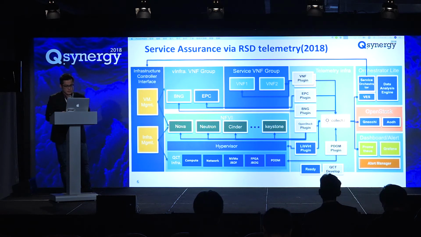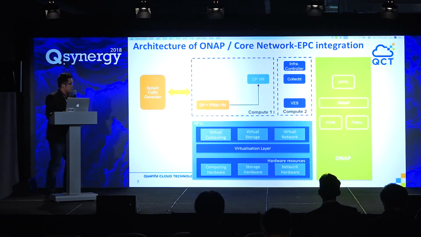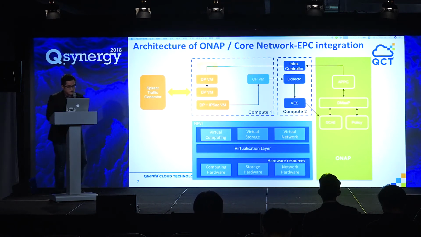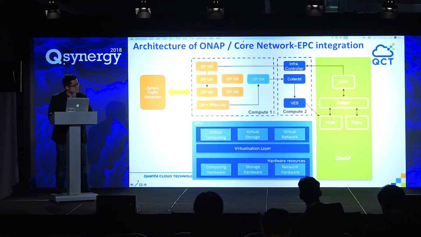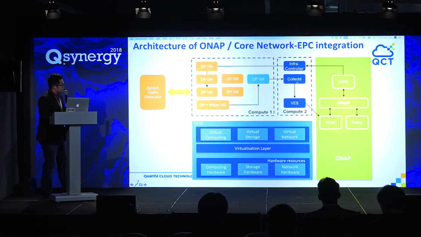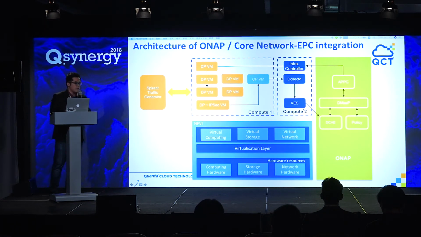To give you a very easy chart, because of the control plane and data plane separation, whenever there's a control plane issue, the information goes to collectd here, and collectd will talk to the VNF event streaming.